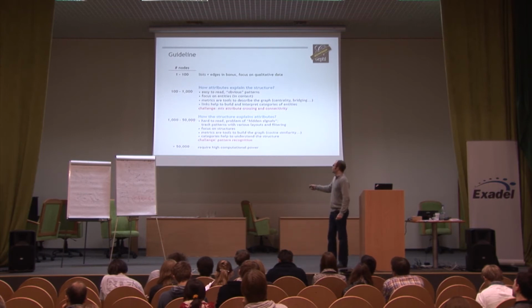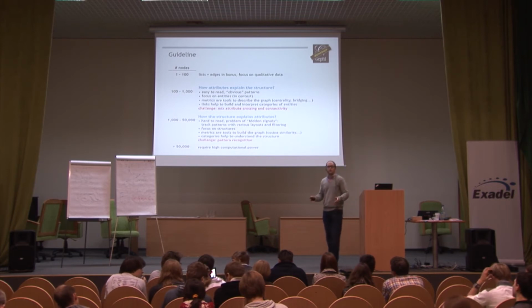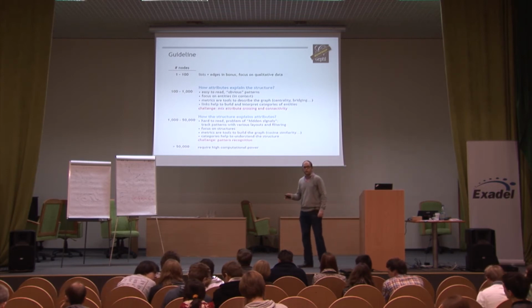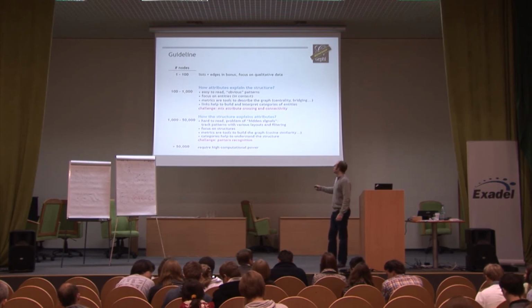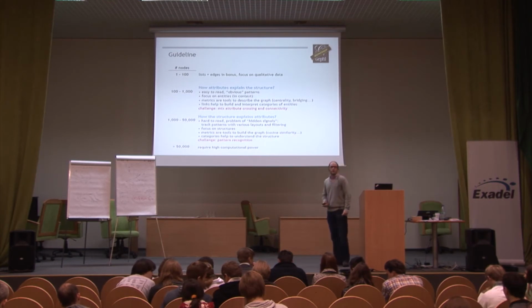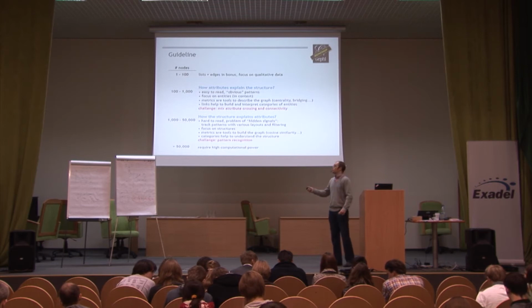if you have information on particular elements, well, that's when it starts to be really interesting. And on the second scale, up to 1,000 nodes, the structure is still really obvious to see. I mean, now we have tools like Gephi and other good software that are able to show you the structure very easily. So here the question is more about how we can understand the structure because of the attributes.